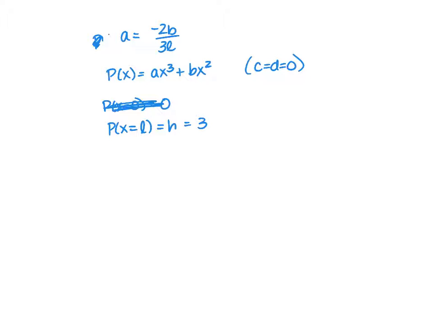So I got ax cubed plus bx squared, and I'm going to let x equal L because now I'm spacing out.